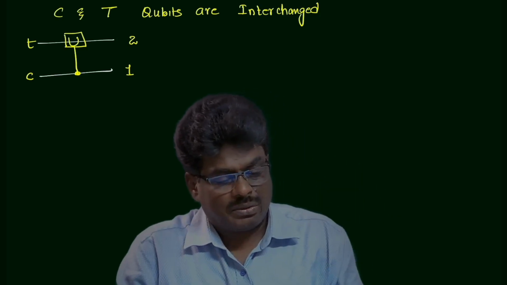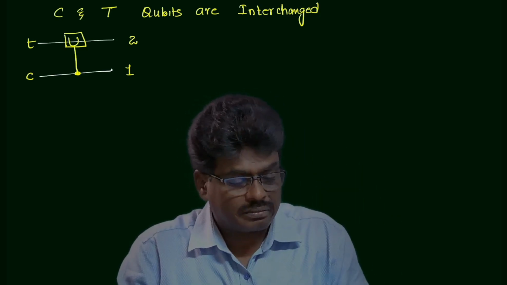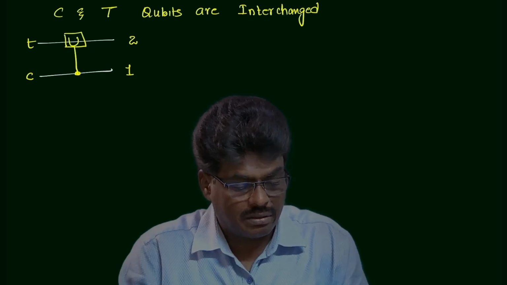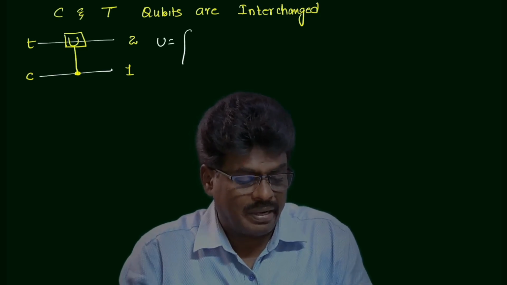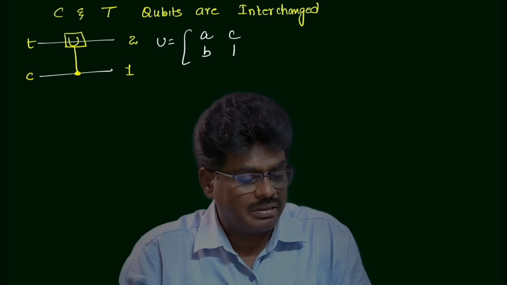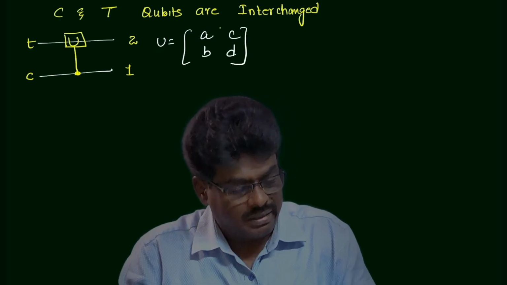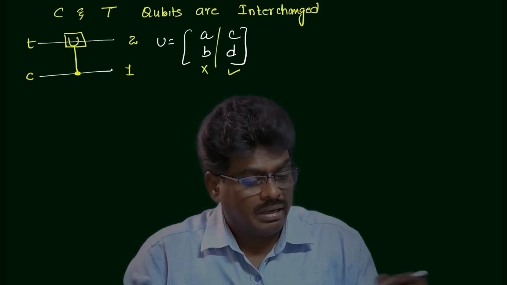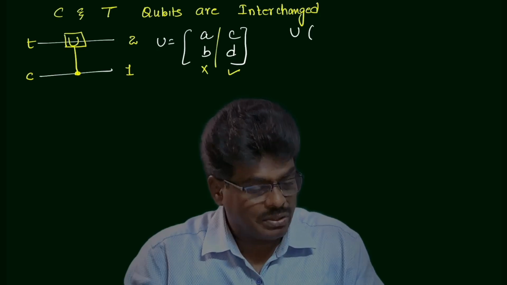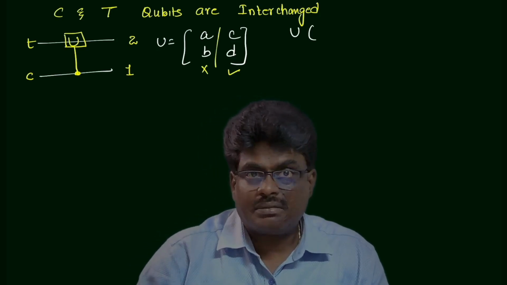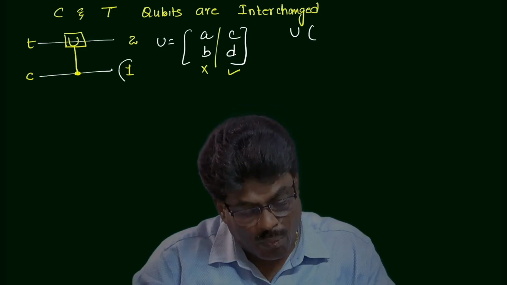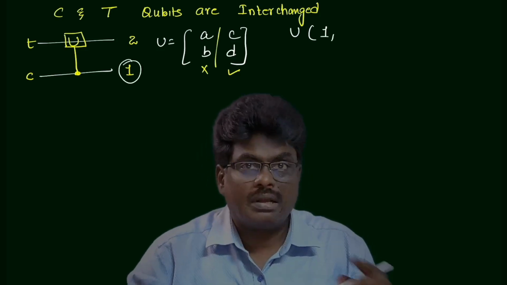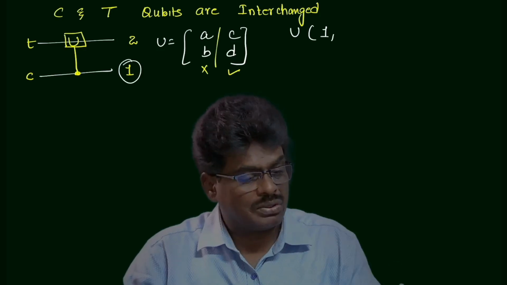Okay, so now I'm taking the U operator as A B C D, and this one is as usual, first column for off, second column for on, and this operation can be written as U off. Now the starting one is control 1, you are going to 2, that is 1 plus 2, 3.